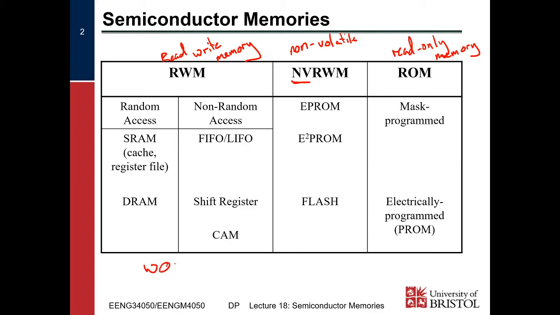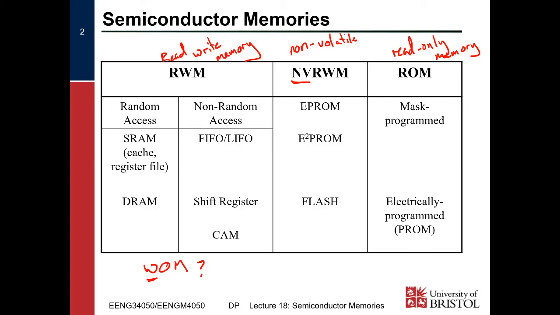What about write-only memory? Is write-only memory a thing? Do we want it? Do we need it? Why not? If we can only write to it, but we can't read from it, what use is it to us? No. So a disk is read-write memory. It's a form of read-write memory.